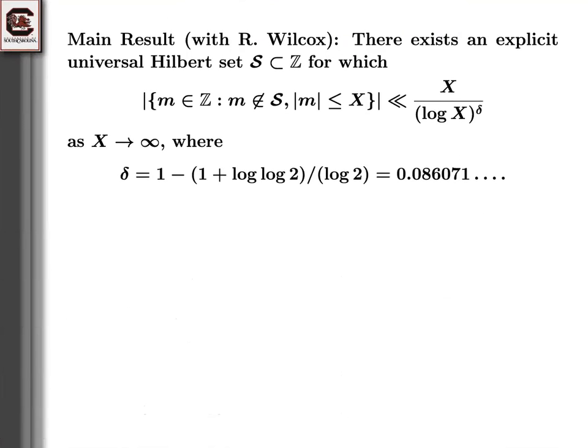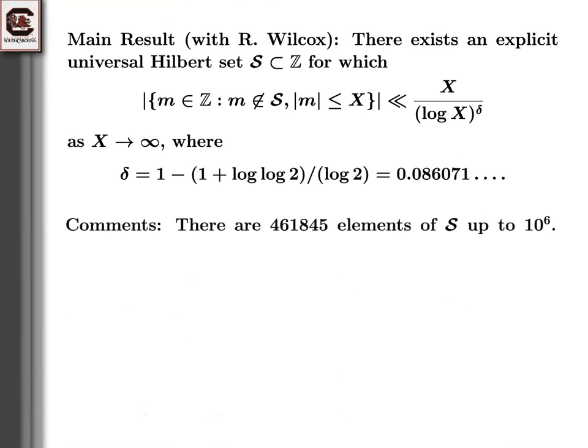So this is the main result again. I wanted to comment that it doesn't have a lot of elements in it up to 10 to the 6. So less than half the integers up to 10 to the 6 are actually in S. So it's not small yet, but you can see that as x gets large, it has to be getting small compared to x.